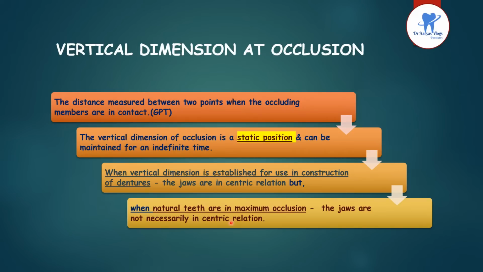But when the natural teeth are in maximum occlusion, then the jaws are not necessarily in centric relation. Okay, so when used in the construction of dentures, then the jaws are in centric relation. And when the natural teeth are in maximum occlusion, that is in dentate patients, their jaws are not necessarily in centric relation.